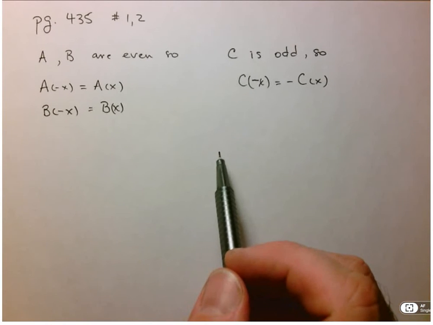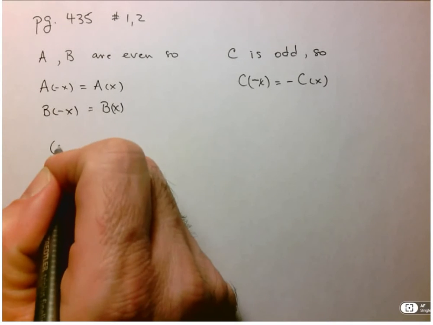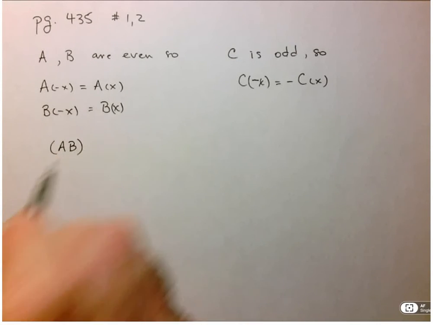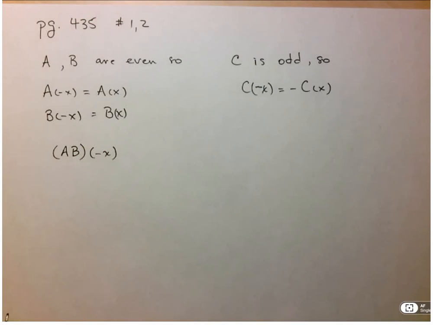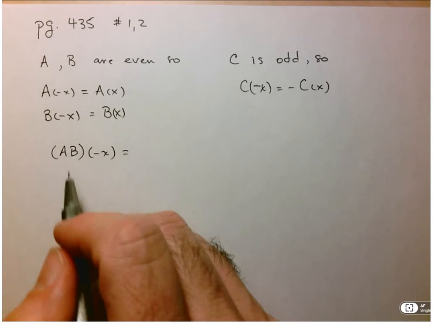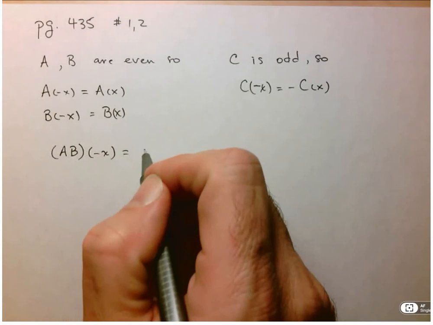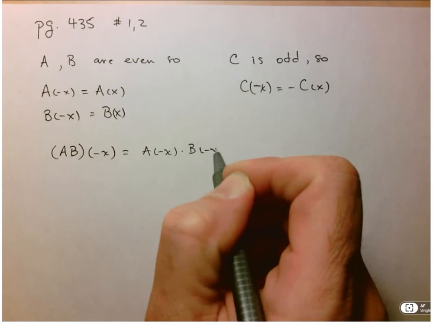Okay, so if I pick, say, a combination and I want to look at the function AB, I want to evaluate the function AB at negative x and see how it compares to AB evaluated at x. So here I use the definition of the product of two functions. So this is the same as A at negative x times B at negative x.